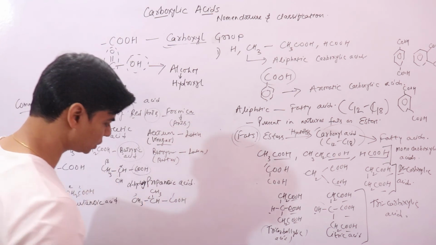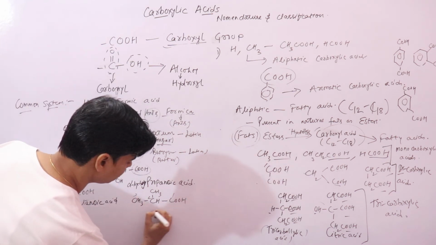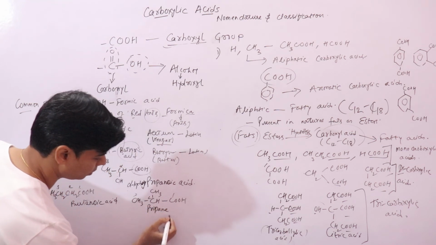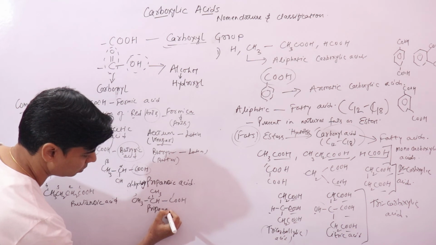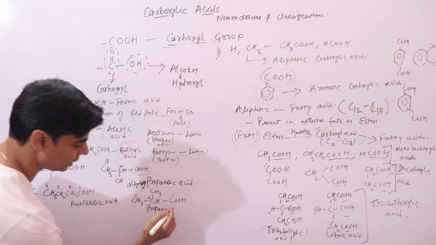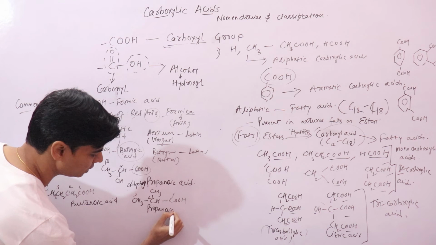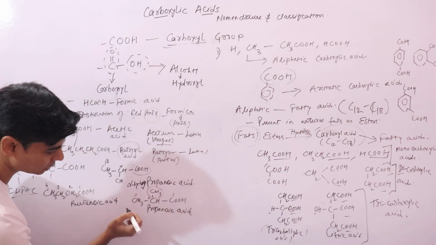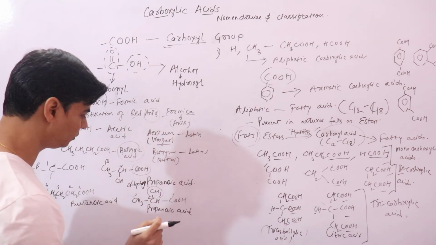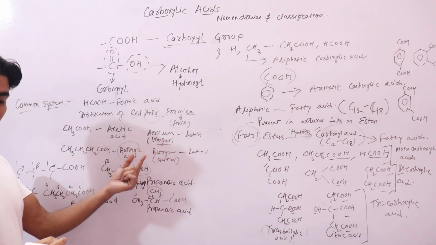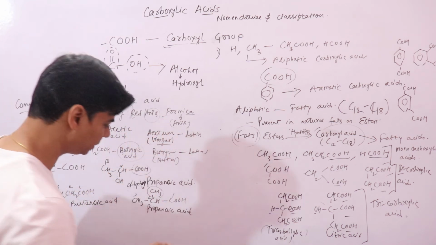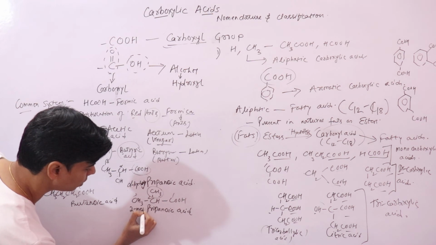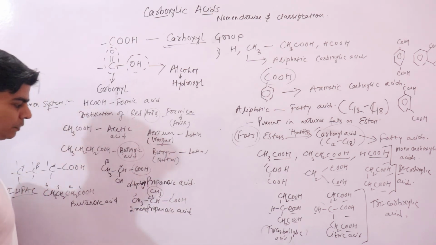So this would be propane, the parent alkane, so E would be replaced with OIC: propanoic acid. And the substituent would be prefixed, giving the Arabic numeral. We will not be giving alpha, beta, gamma like in the common system. So this is your 2-methyl propanoic acid.